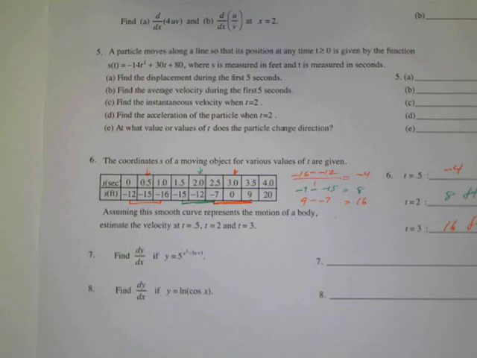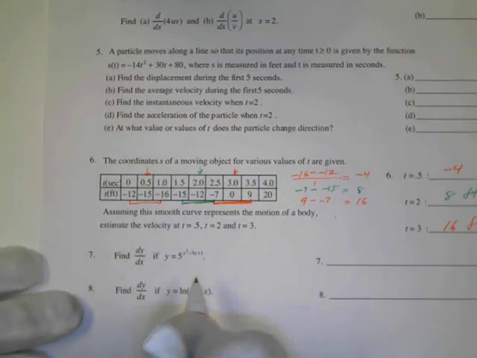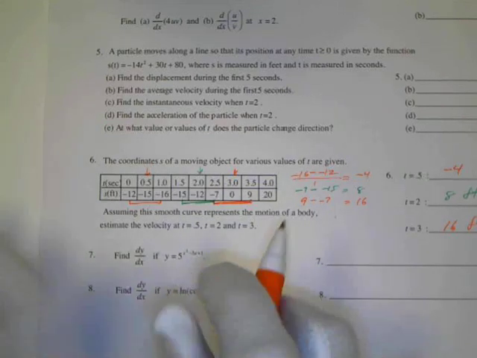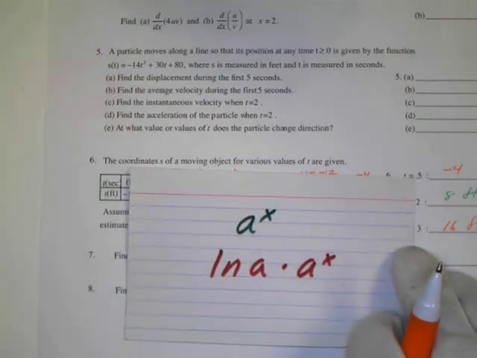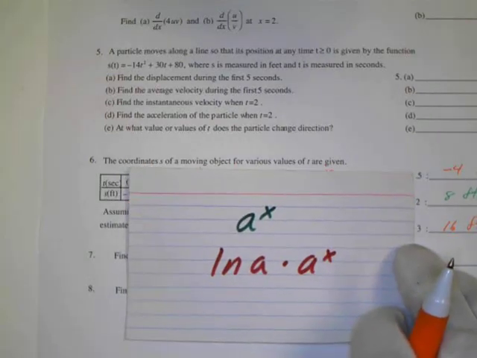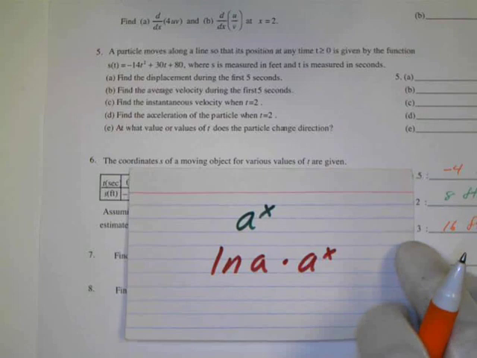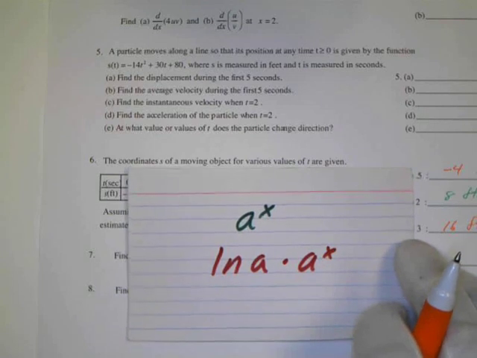Okay, and then next we want to find the derivative, find dy dx of 5. So we get our formulas out, and this looks like it's going to be an a to the x. In this case, it's 5 to the x, so that's going to be the natural log of a times a to the x.